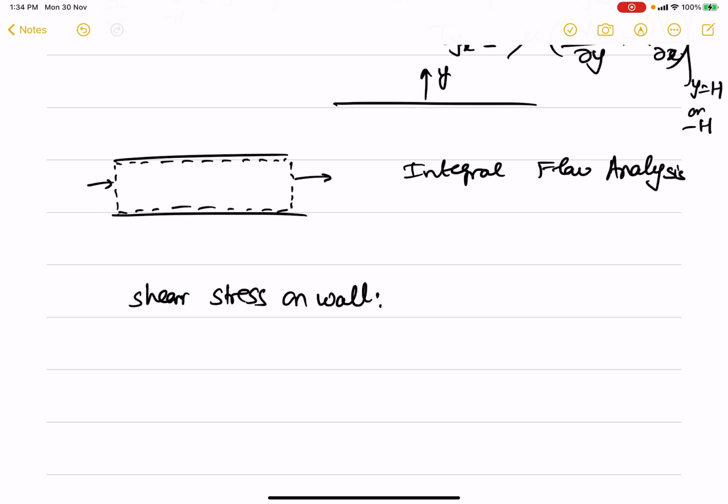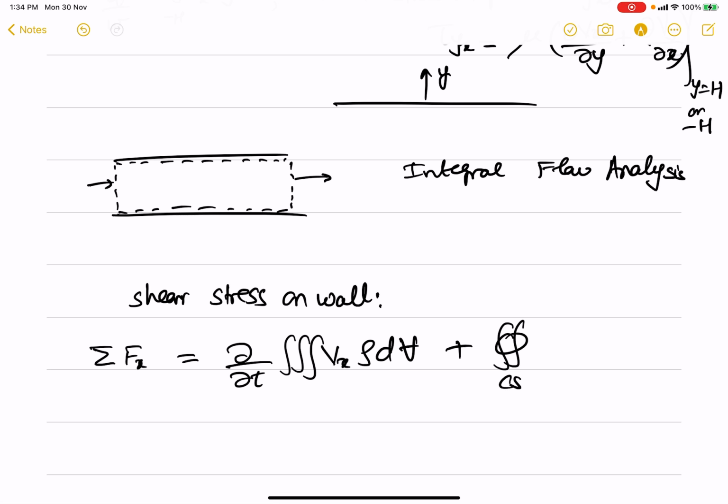Then what you will have is sigma Fx is equal to d by dt of integral Vx rho dV plus integral over the control surface Vx rho V dot n dA. This is the integral momentum equation in the x direction from the integral flow analysis.